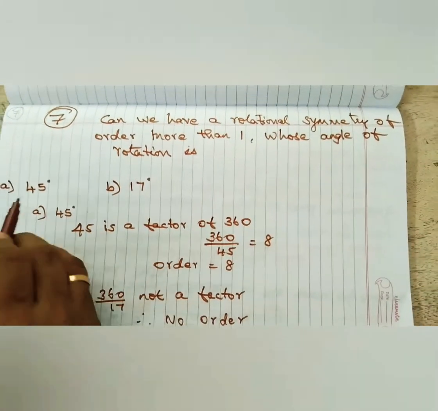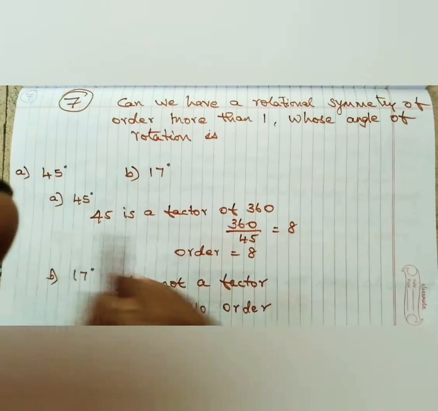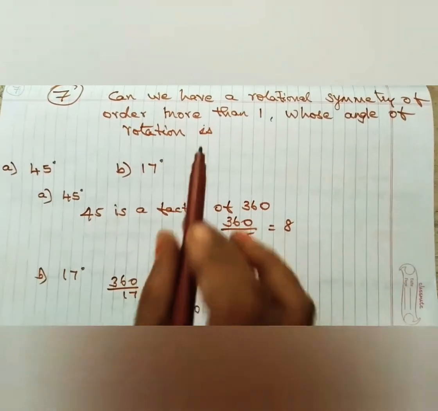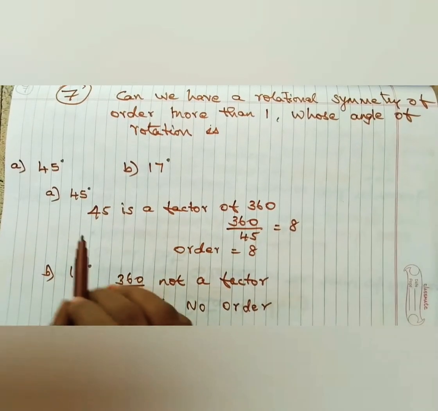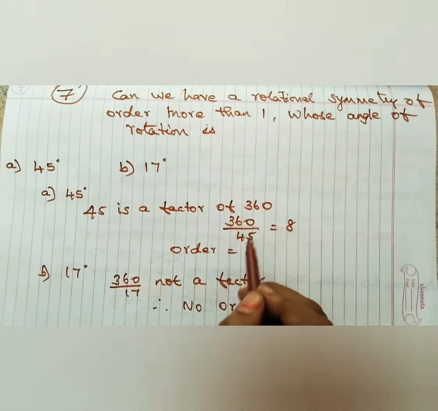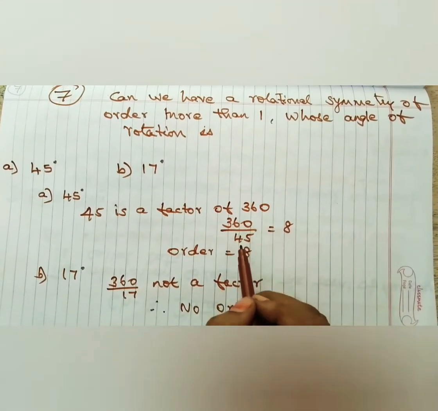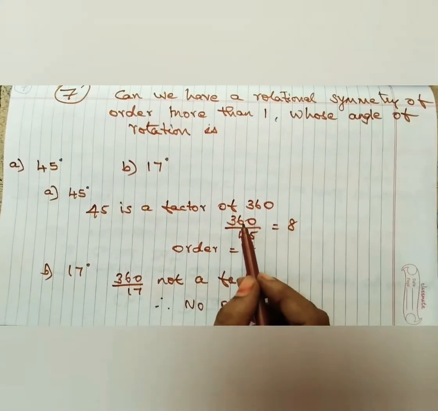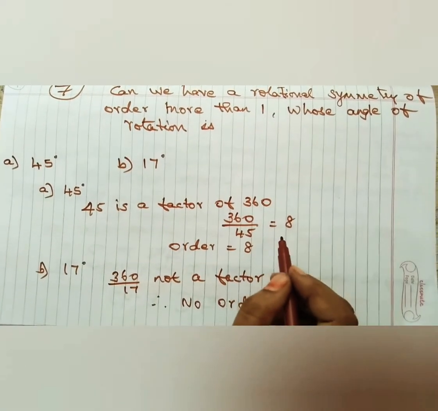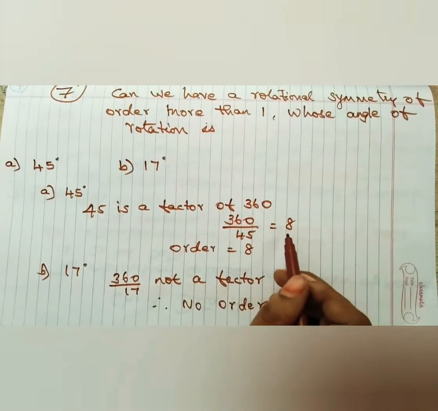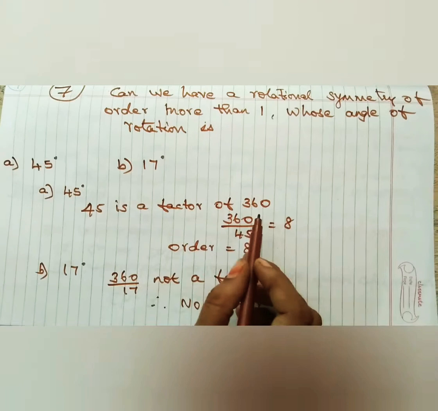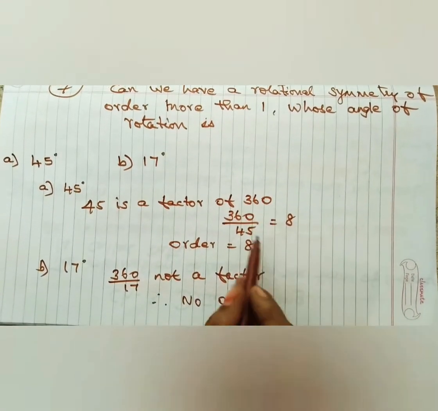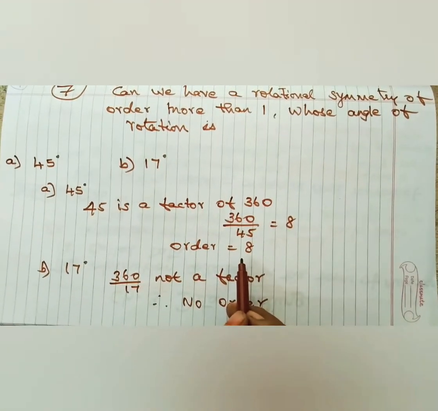So you have to take the given angle and find out whether that angle is a factor of 360 degrees. I am dividing 360 degrees by 45 degrees. When I divide it, I get the answer 8. So 45 is a factor of 360. So now my order is 8.